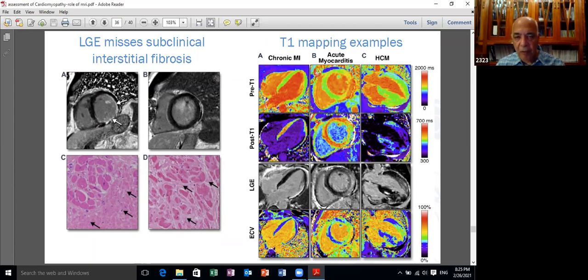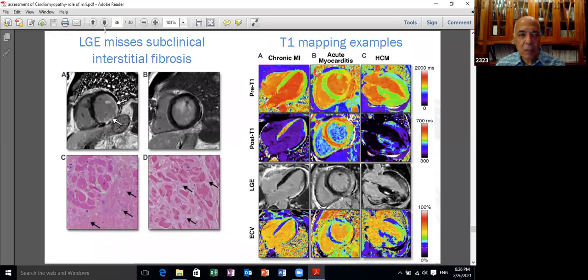Now the mapping, if you look into the lower two panels here, this is a small amount of interstitial fibrosis. I hope you see the arrow. But look at the lower panel. In the lower panel you would see much more interstitial fibrosis than what is seen by the delayed enhancement. So anything green or yellow or red indicates interstitial fibrosis.